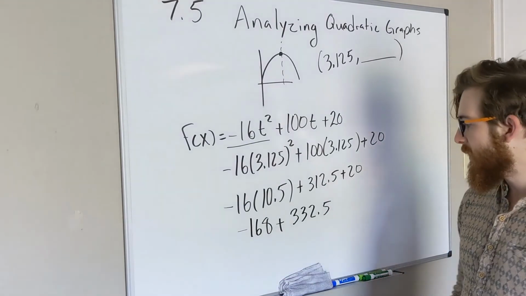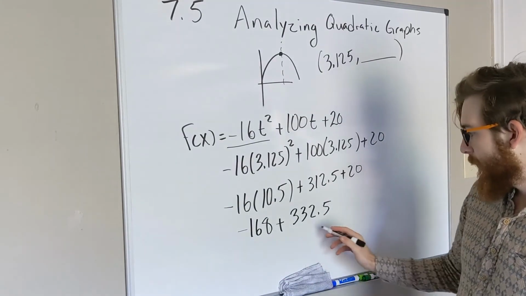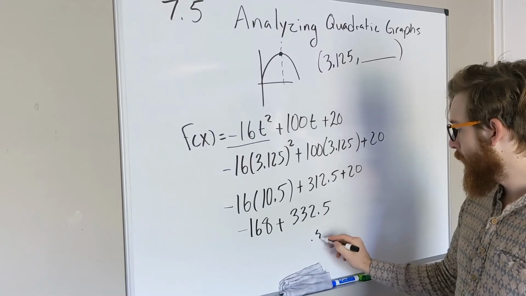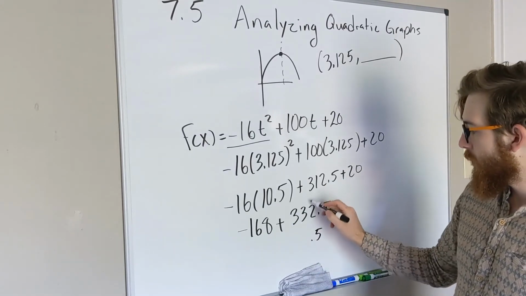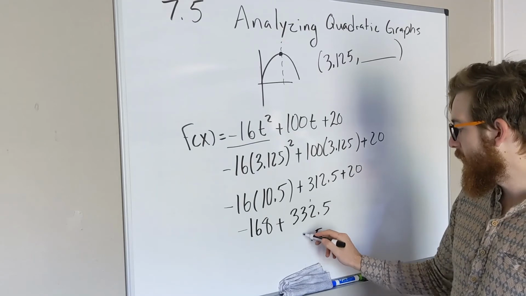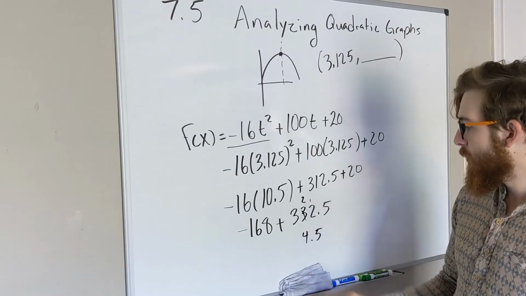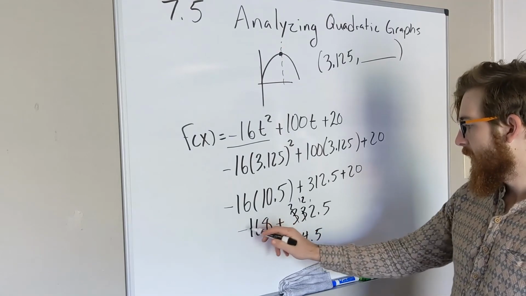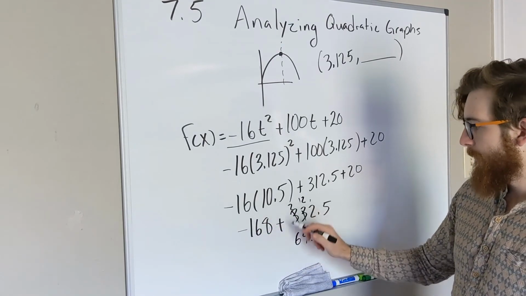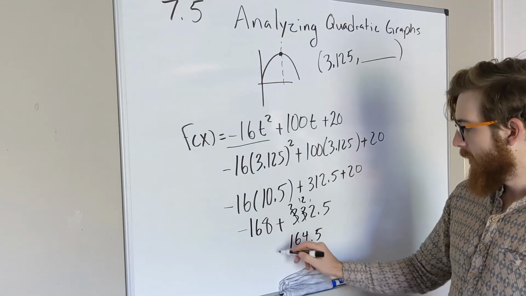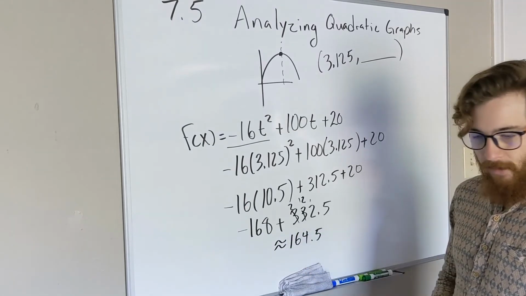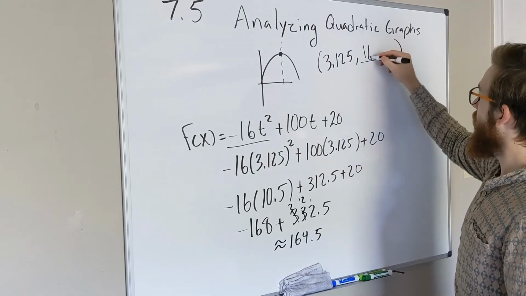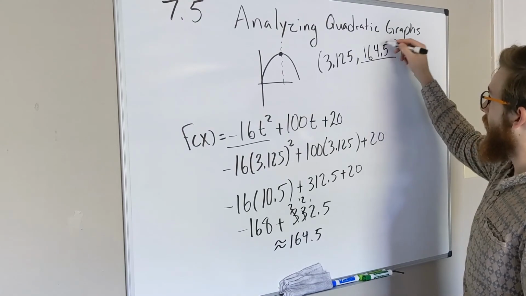Now this minus this, let's see. 0.5 minus 0 is 0.5. 12 minus 8 is 4. That's a 2 now. 12 minus 6 is 6. 2 minus 1 is 1. So this is approximately 164.5.